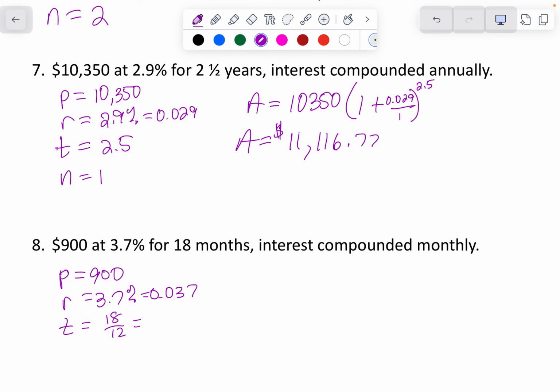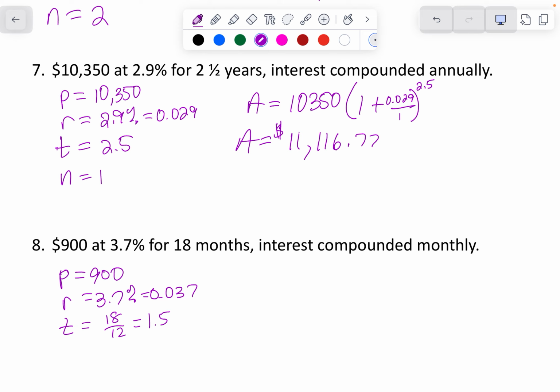So if you want to know how many years 18 months is, think about if you take off 12, you still have 6 months. That's half a year. This is 1.5. You can just put 18 over 12 where your time is sitting. I would say that using 1.5 years is the better bet.